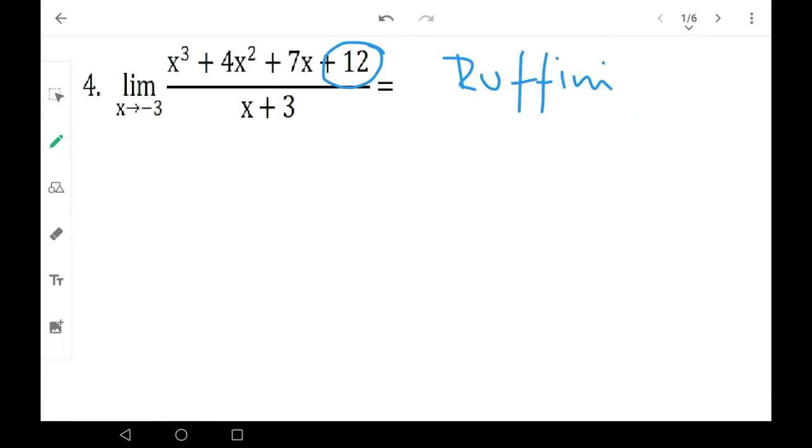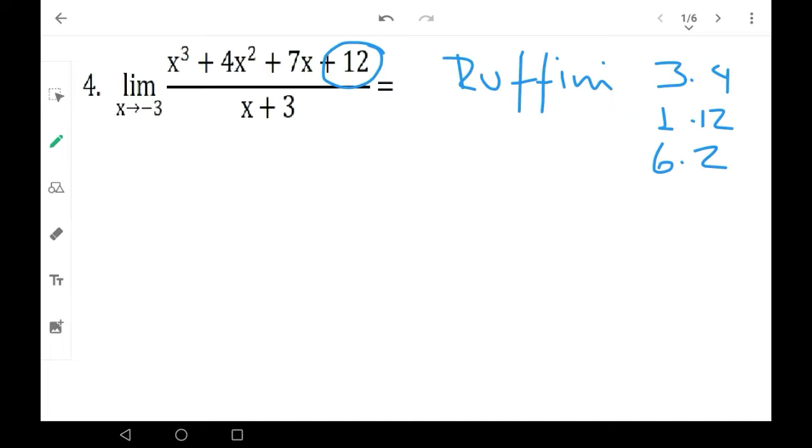The divisors of 12 would be 3 and 4, 1 and 12, and 6 and 2. But how can I identify which one I have to use?